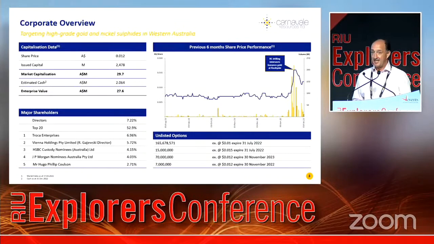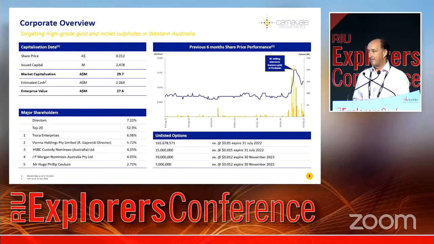This slide is out of date. We completed a capital raising at the beginning of the week and have just raised $2.64 million, which goes on top of the $2 million in the bank already as of December. That was done at 1.1 cents, and we have a number of options that will expire in July, which could add another $2 million into the treasury of Carnavale, which gives us about $5 or $6 million to progress our projects.